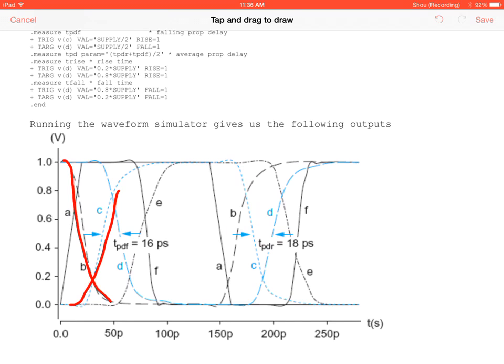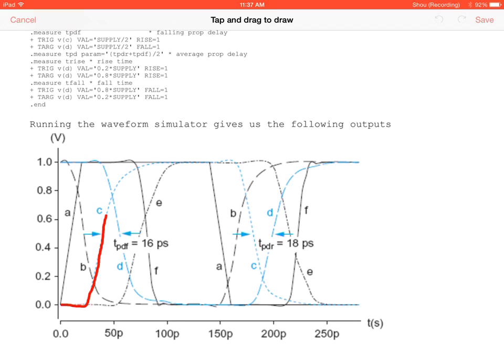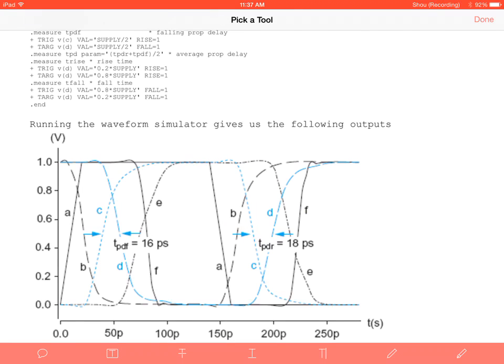A and B is this, and so forth. C is this one. So we've shaped our input here. We have some sort of delay because of our A and B inputs, and that comes here, right? So C, and then we would be measuring, and then D is this one.